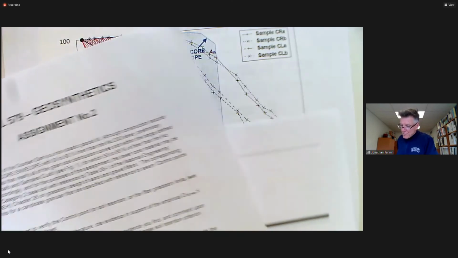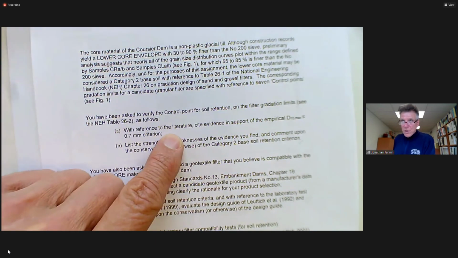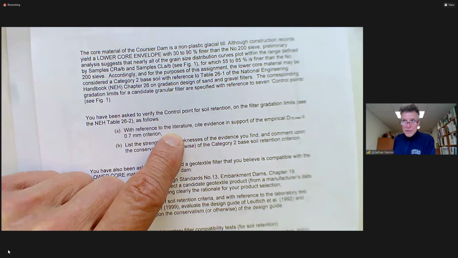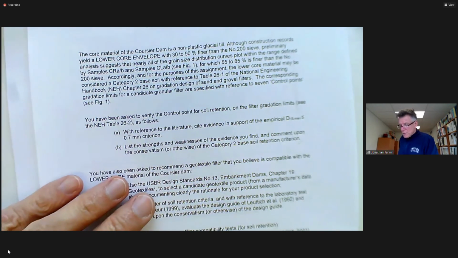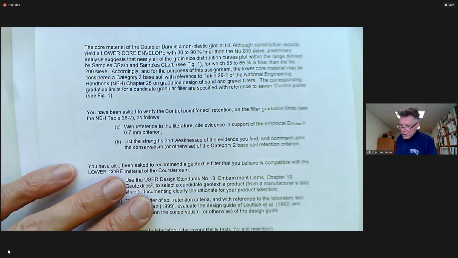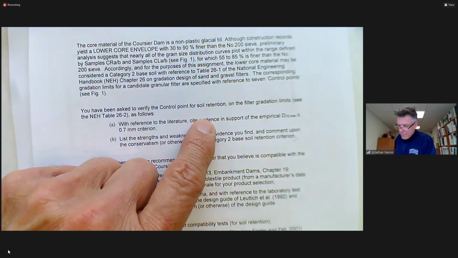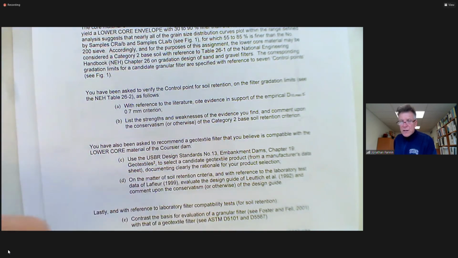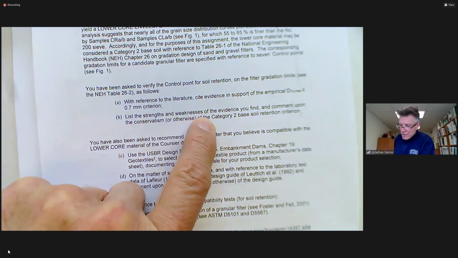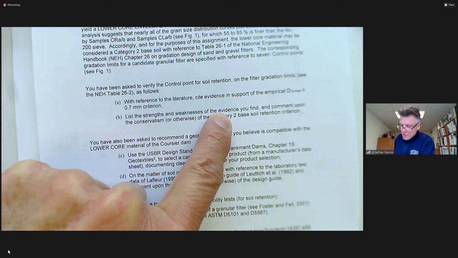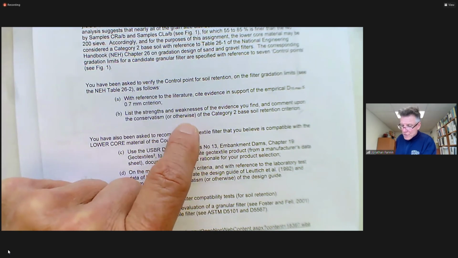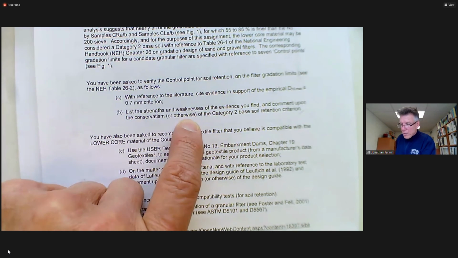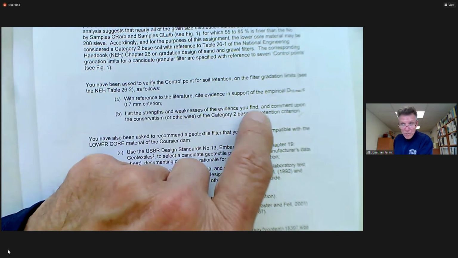The first part is intended to understand the origins of empirical design criteria for granular filters, and to do so with regard to soil retention. And when you find the evidence and the origins, and that's going to be in journal articles, in ASC, amongst others, I ask you to list the strengths and weaknesses of the evidence that you find and comment upon the conservatism or otherwise of this base soil retention criteria.